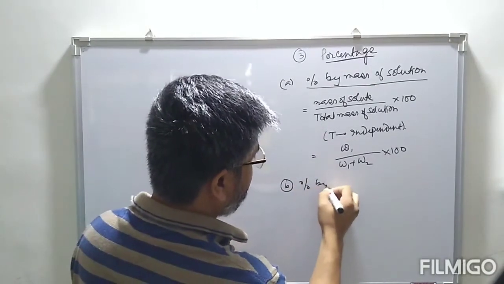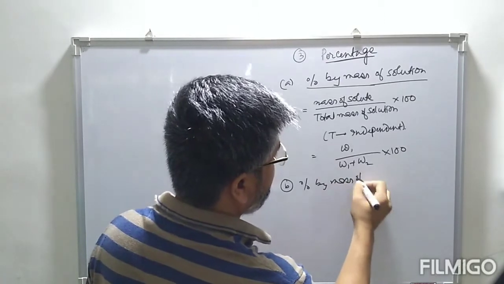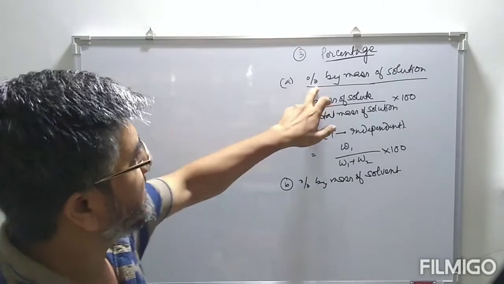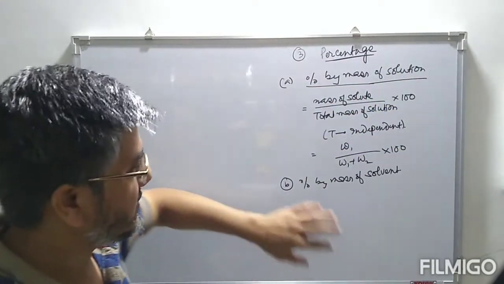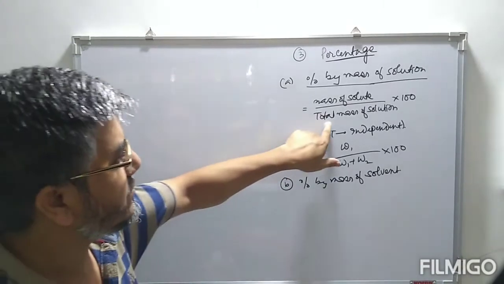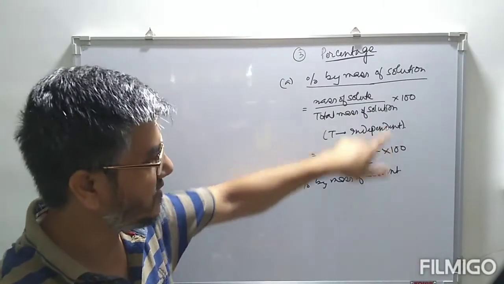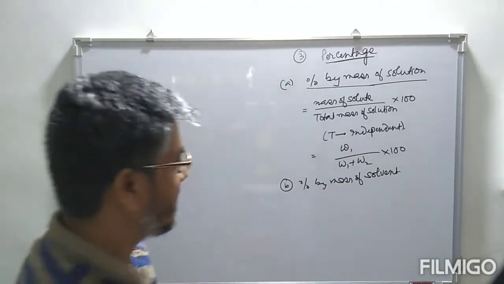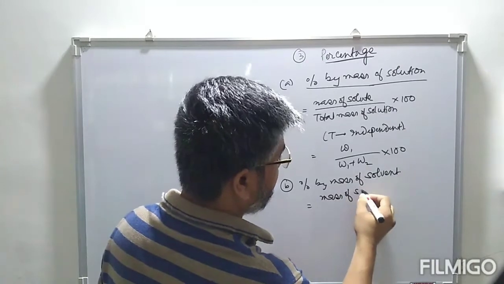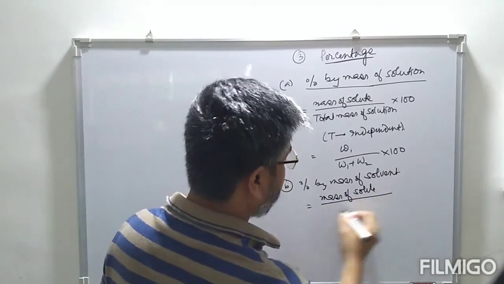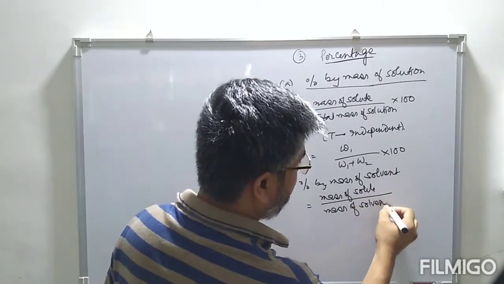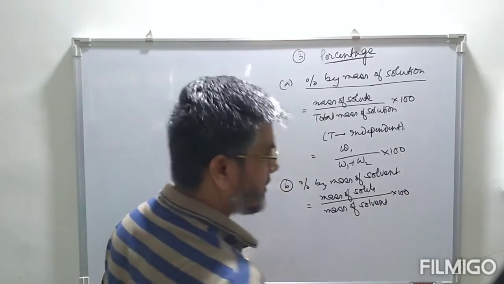Second, percentage by mass of solvent. This was percentage by mass of solution. Next is percentage by mass of solvent. The only difference is that instead of the total mass of solution, this must be taken in terms of mass of solvent. So we say this is mass of solute divided by mass of solvent into 100.